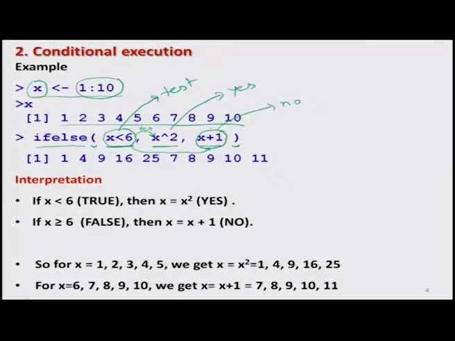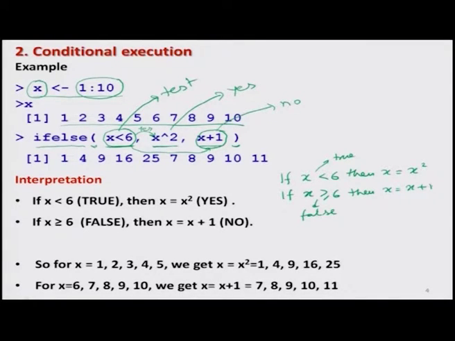In very simple words, if x is less than 6, then the value x will be replaced by x square. If x is smaller than 6 is true, and x greater than or equal to 6 is false, this becomes my true value and this becomes my false value. In that case, x is going to be replaced by the value x plus 1.